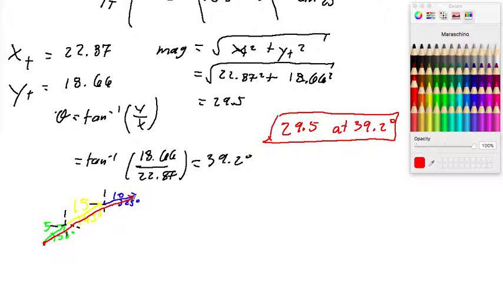Now our new vector, which we calculated over here, will be from our initial point, connecting all of them to here. So this red vector will be our new vector, which we calculated will have a magnitude of 29.5, and the angle right here will be 39.2 degrees. So this is your magnitude, and this is direction.